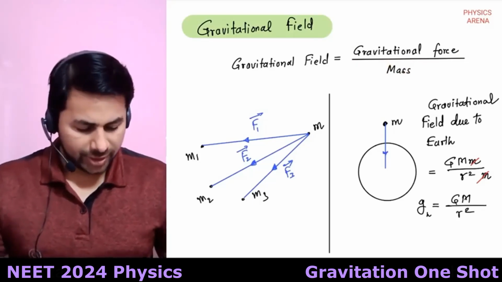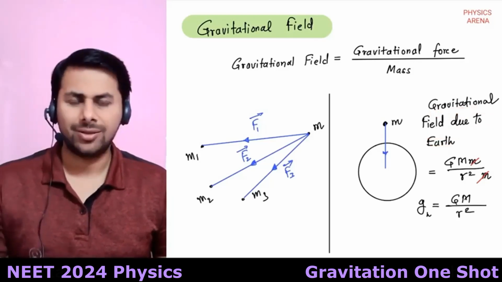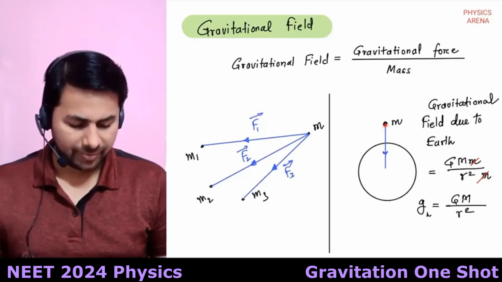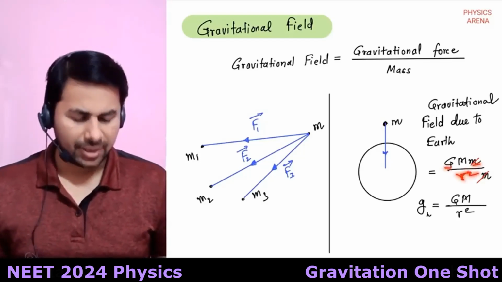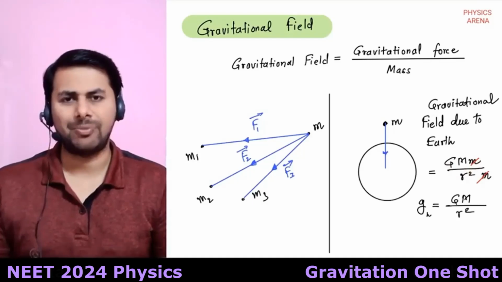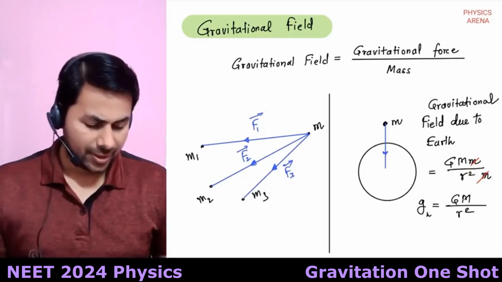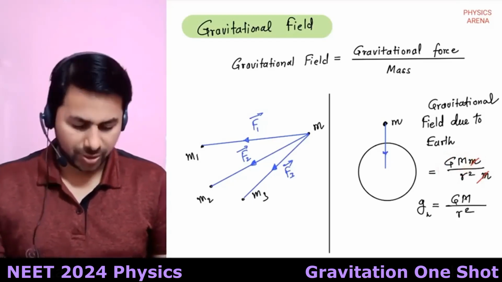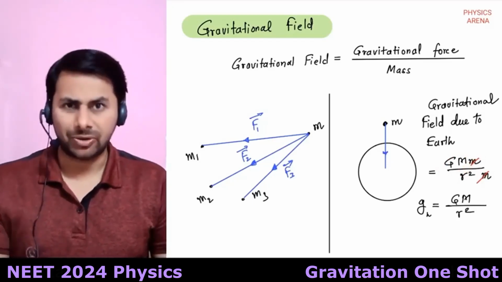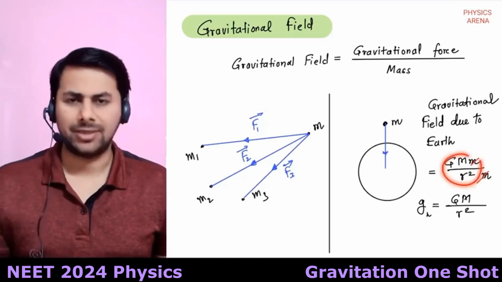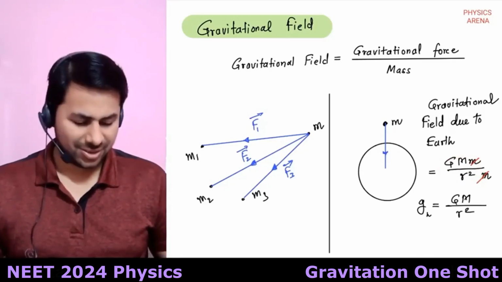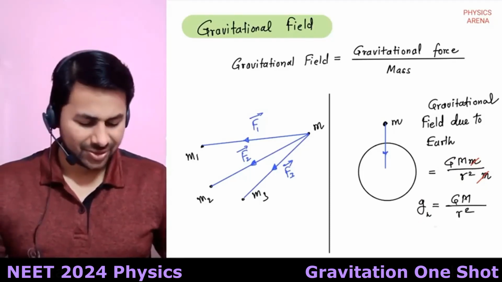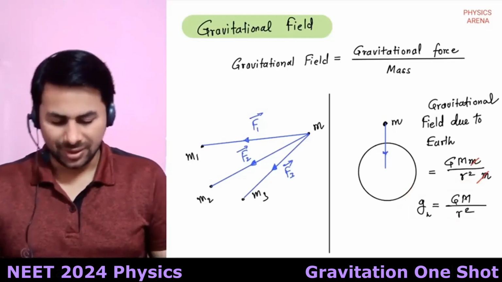So what is the gravitational field due to Earth? We know the gravitational force due to Earth on any object of mass m will be equal to GMm upon r square, where small r is equal to capital R plus h. Now if we divide this by m, the mass of the object, the gravitational force per unit mass is just GM upon r square. And that is equal to acceleration due to gravity.